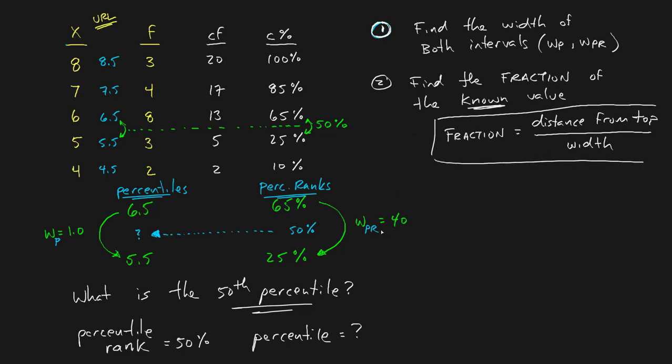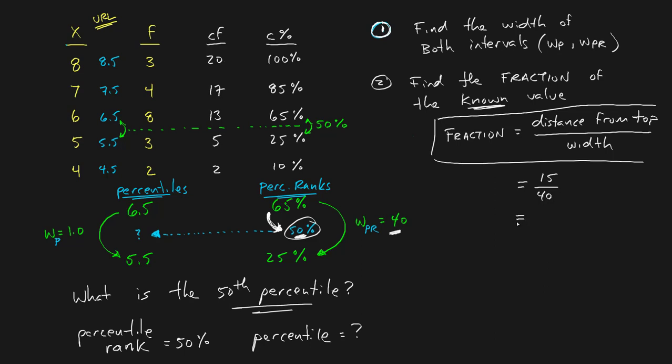I have a known value. My known value is the 50. What is the distance from the top? So what is the distance to get from 65 to 50? Well, from 65 to 50, that is a distance of 15. What is the width of that interval? The width of that interval is 40. So I find the distance on this side to the known value, and I put that over the width of that whole side.